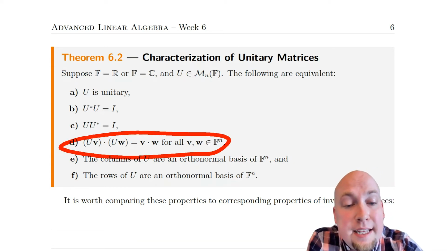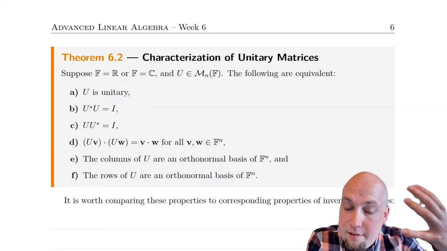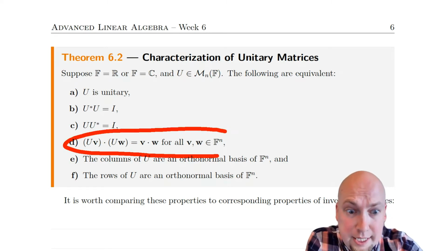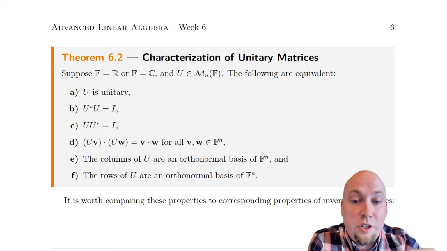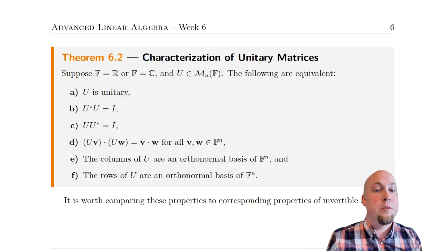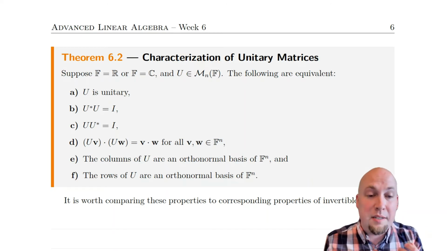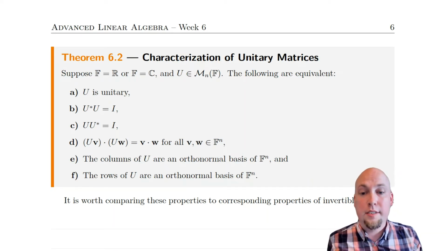This is also equivalent to property D here. Property D says that, well, if your matrix is unitary, if it preserves norms, then actually it preserves inner products. Okay, it says that the dot product of V with W always has to equal the dot product of UV with UW. So a unitary matrix is exactly one that preserves the dot product. It doesn't change it.